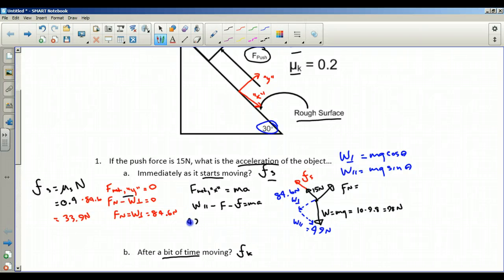So we have 49 minus 15 minus 33.9 equals 10 times our acceleration. And so when you go through this, the left-hand side ends up being 0.1, and the result is our acceleration is 0.01 meters per second squared, and it's going to accelerate down the ramp.